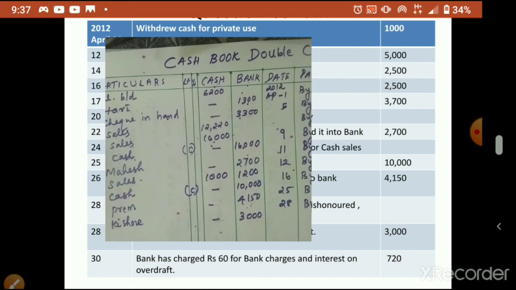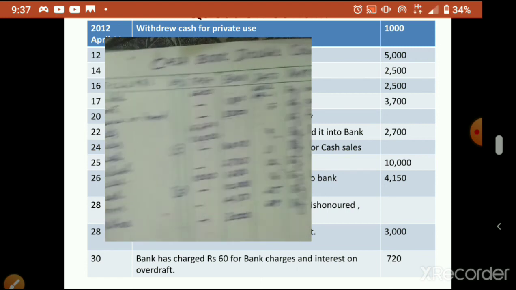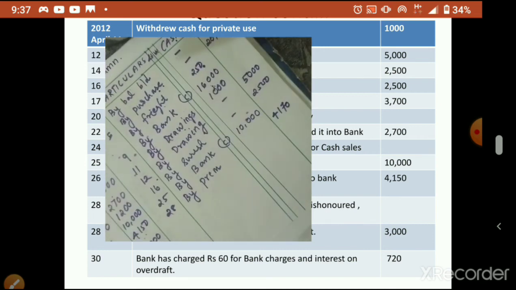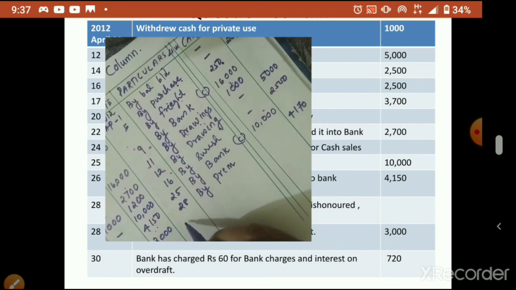Now the last one: the bank has charged bank charges and interest on overdraft. Okay, bank charges 60 rupees and interest on bank overdraft 720. So the bank is charging us. Interest on overdraft means we have to give it to the bank. So the bank has taken from us.